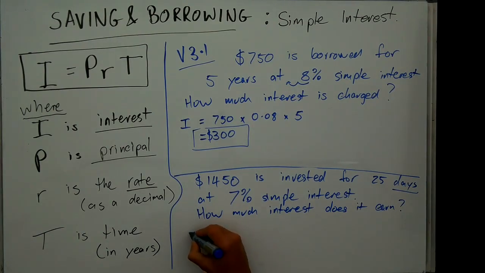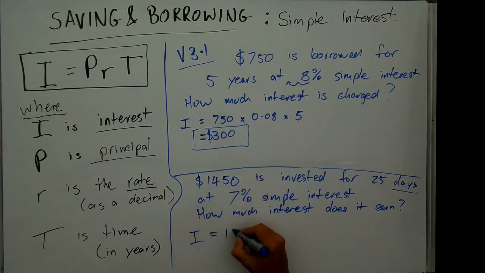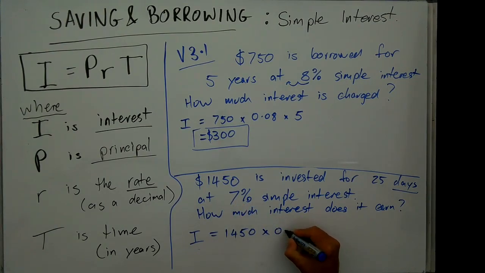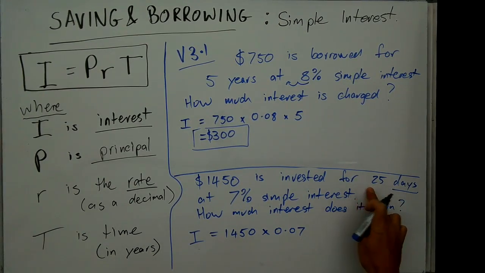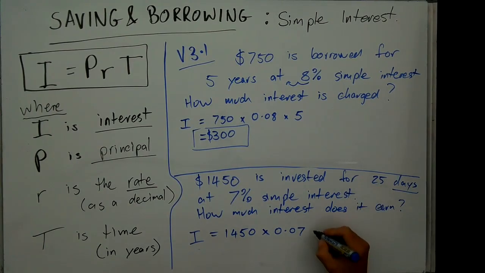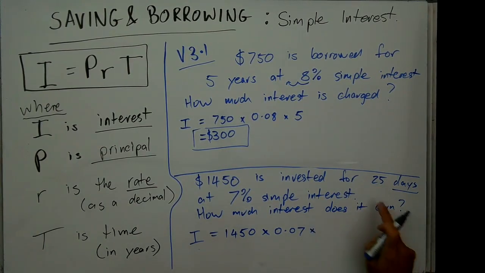The interest equals the principal, which is this much, multiplied by 7%, 0.07. This 7% is how much is earned for an entire year. I'm only talking about 25 days. So we've got essentially a fraction of a year. So I'm going to use this to create a fraction.